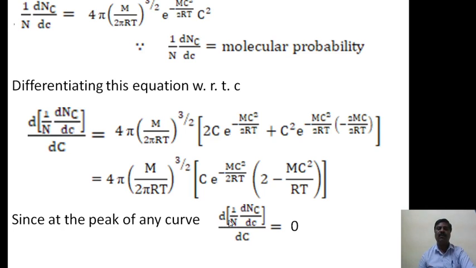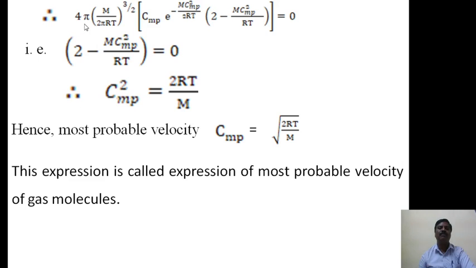That is, d of (1/N)(dN_c/dc) whole divided by dc equals 0. Substitute this value in this equation. Therefore we can write 4π (m divided by 2πRT) whole to the power of 3/2 into c, replaced by c_mp now, because it is the most probable velocity.